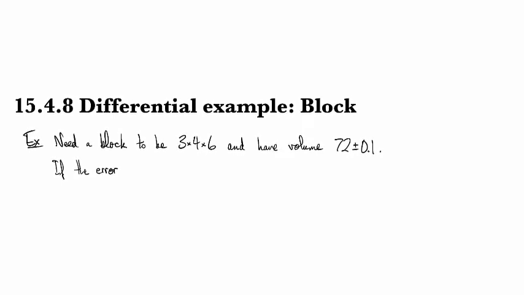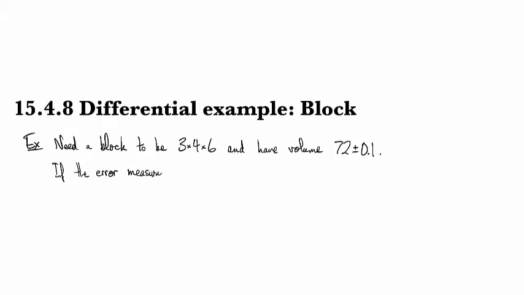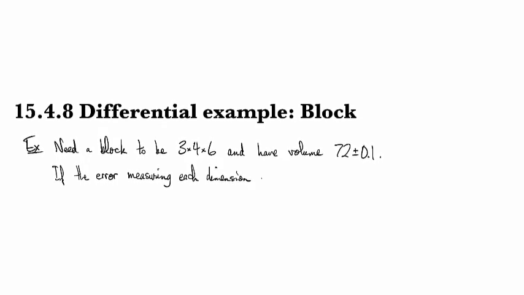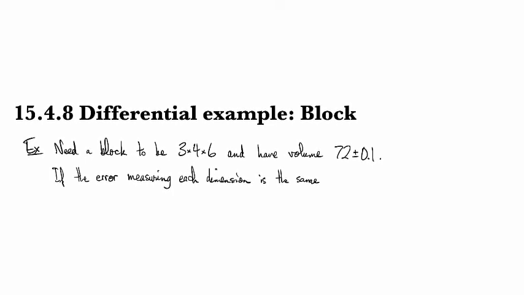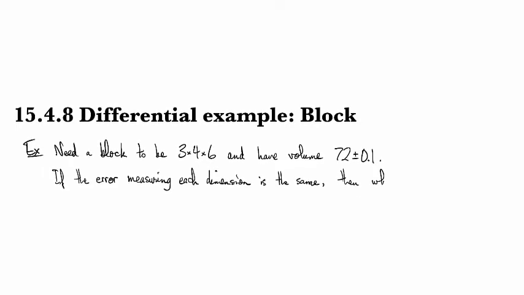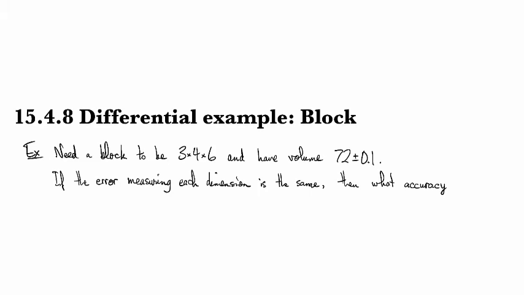in order to get the volume within the required tolerance, right? And so let's suppose that we're using the same ruler to measure the x and y and z dimension. So if the error measuring each dimension is the same, then how accurate does it need to be?